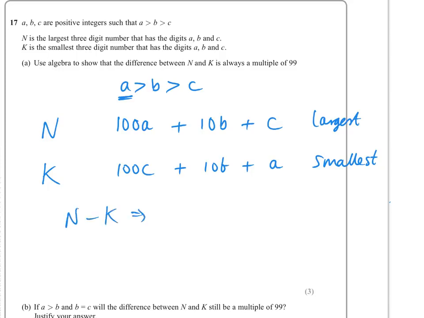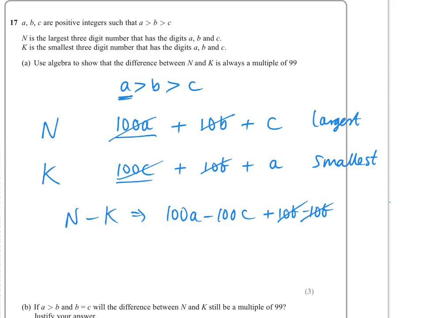So that gives 100A, sorry, minus 100C. 10B, take away 10B is just nothing. So that would cancel.